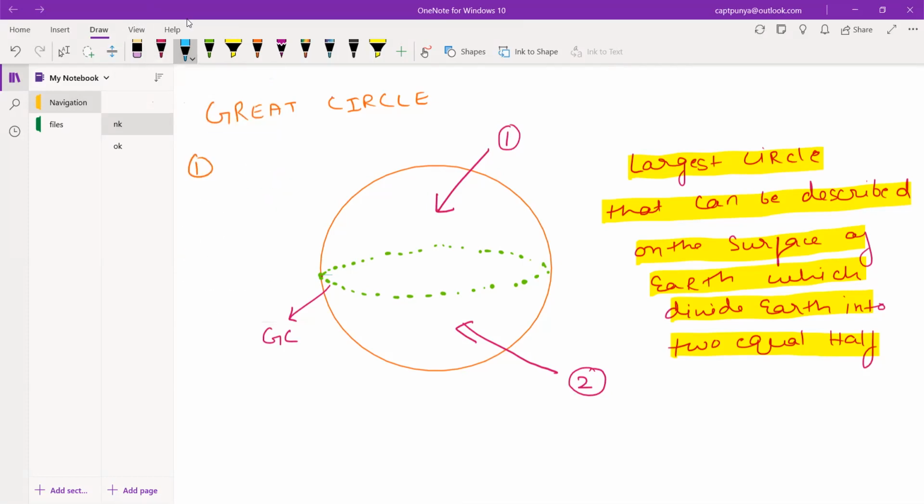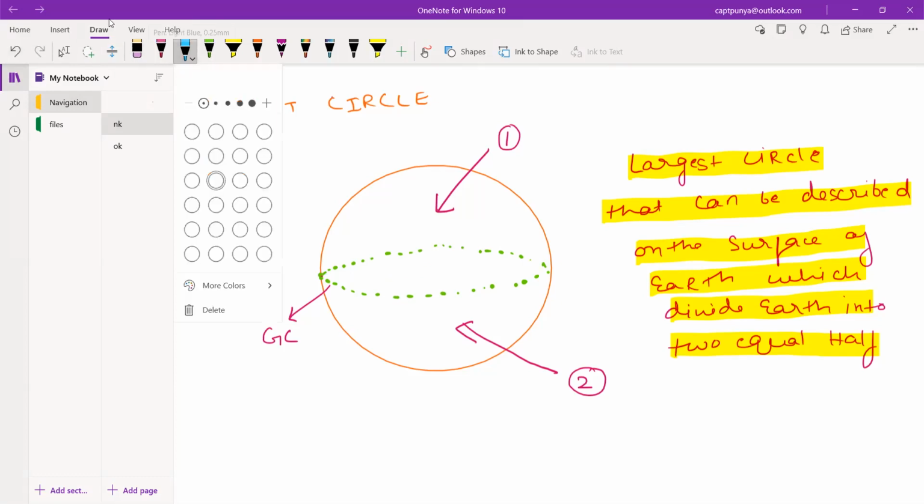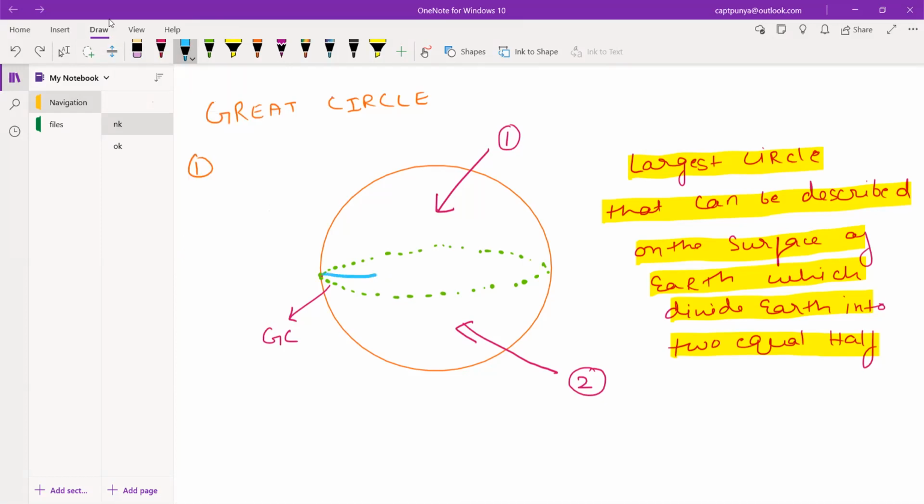This great circle has this radius. I'm going to draw it a little bit bigger for you. Okay, that should be fine. This is the radius of this circle, right? This has the same radius and center as that of the Earth.